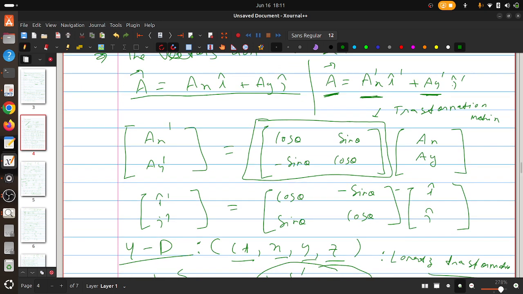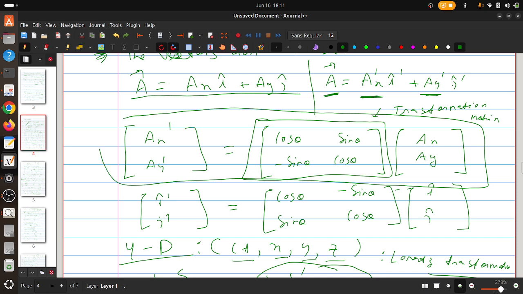Using some simple trigonometric rules, which you can figure out yourself, AX prime and AY prime can be written in matrix form as this relation here, because they depend on AX and AY. That's how you transform. This matrix in the box is a transformation matrix.